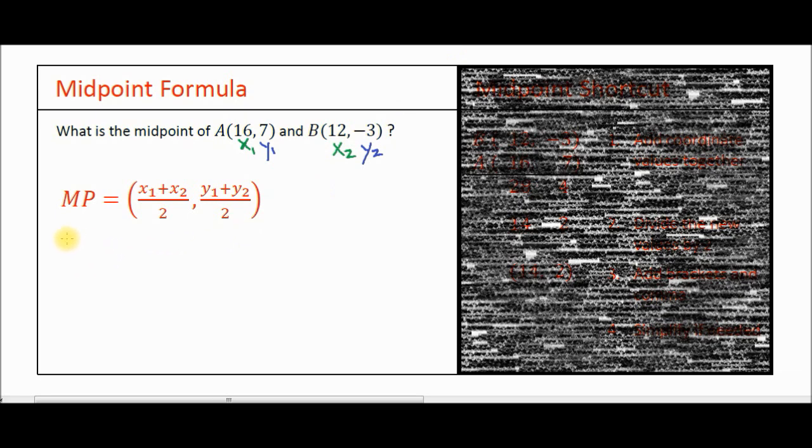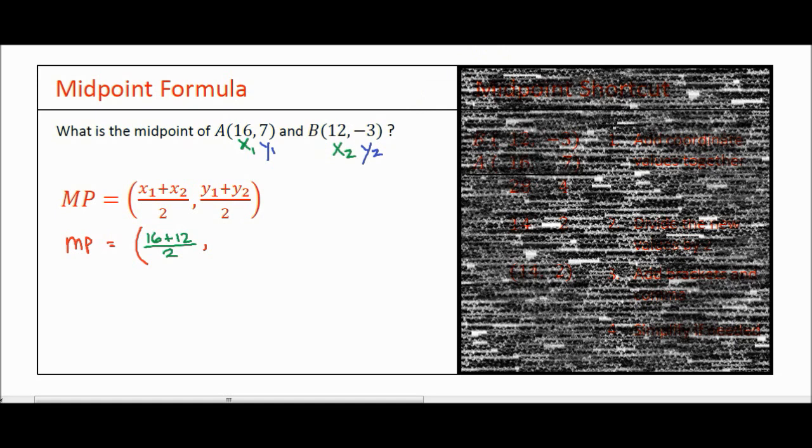The midpoint of point A and point B is going to be equal to x sub 1, which is 16, plus x sub 2, which is 12. And that whole thing is divided by 2. That's the x value of our midpoint.